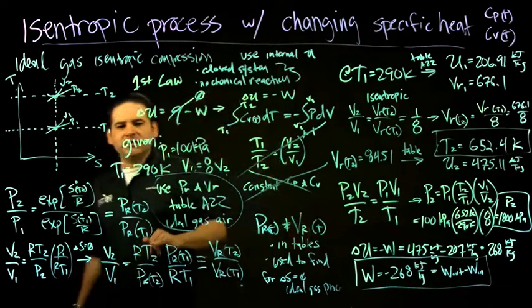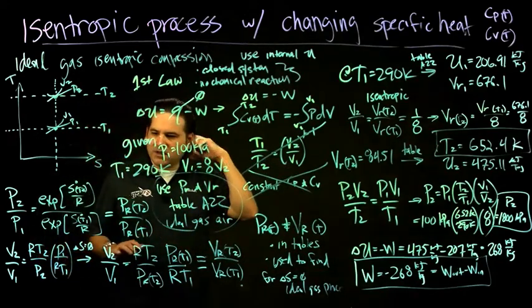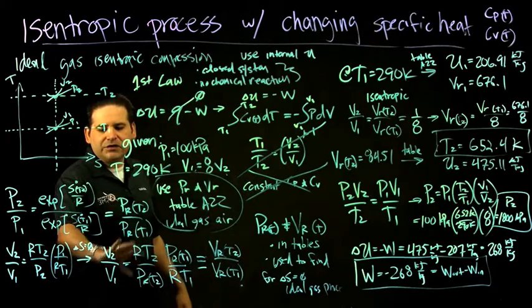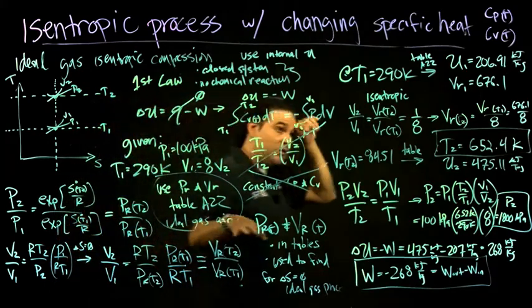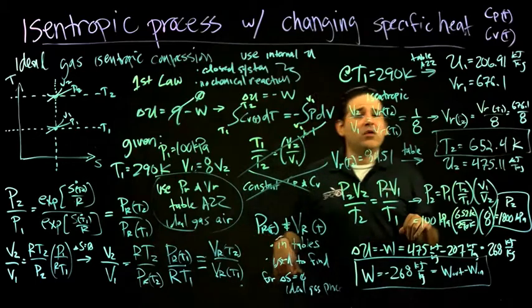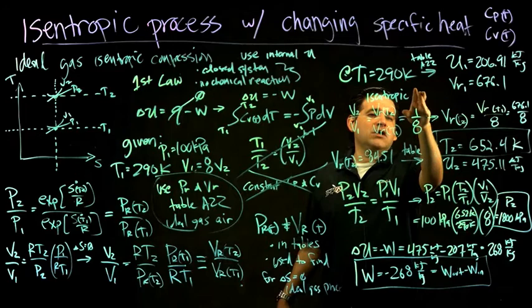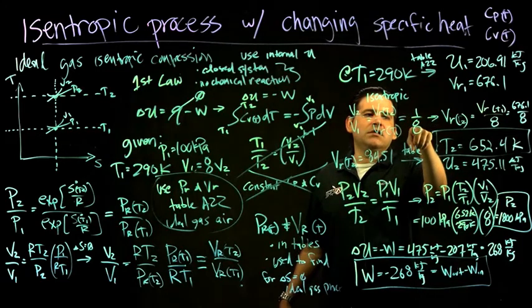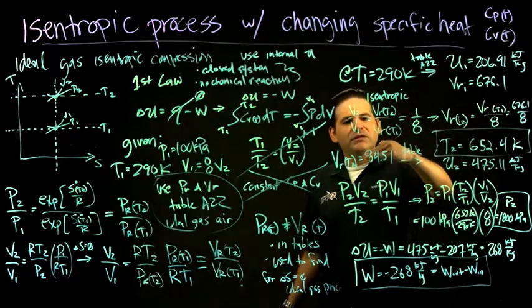Another way to do this is to use, for isentropic relationships, this concept of relative pressures and relative volumes, which are in tables. So what we did for this example is saying, knowing this starting temperature and knowing the change in the volume, you can find the relative volume at the end. If it's isentropic, that will lead you to a different state.